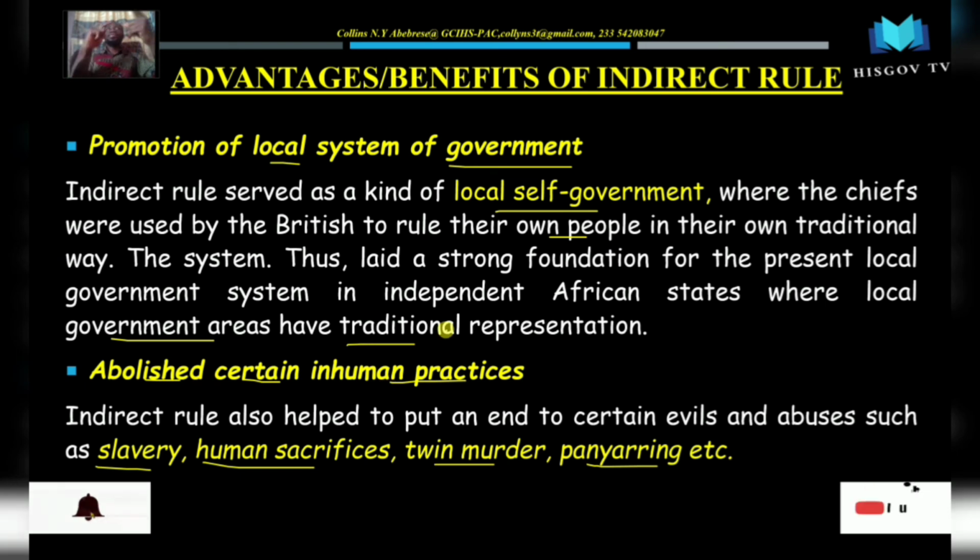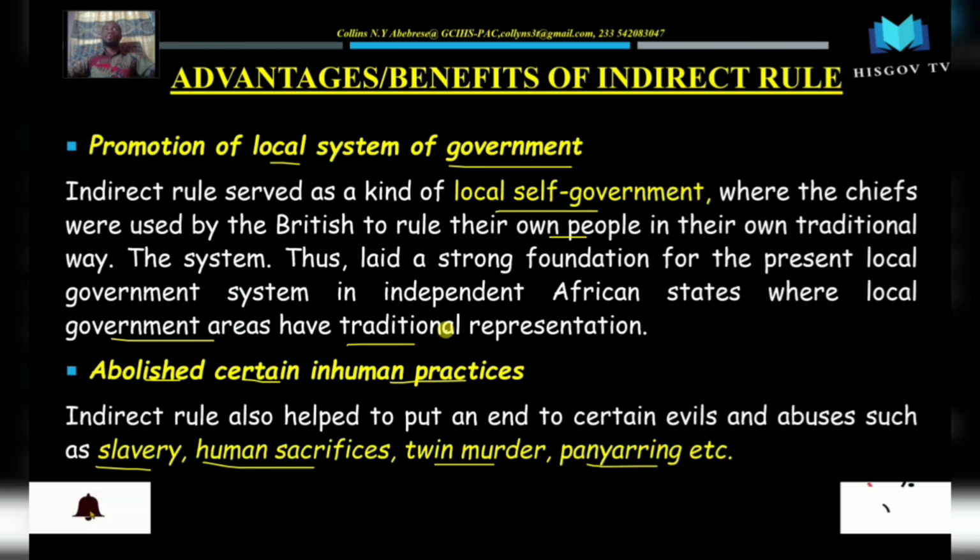So in the indirect rule system, what the British did was that they signed various treaties with the various African leaders, African chiefs, to end some of these obnoxious practices. And if you look at the Bond of 1844, you will find some clauses here.